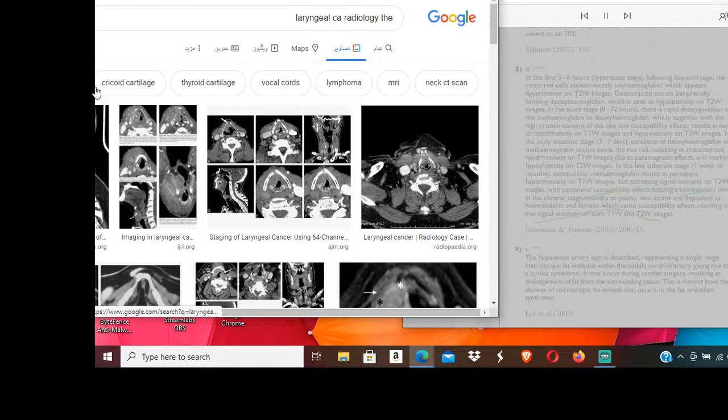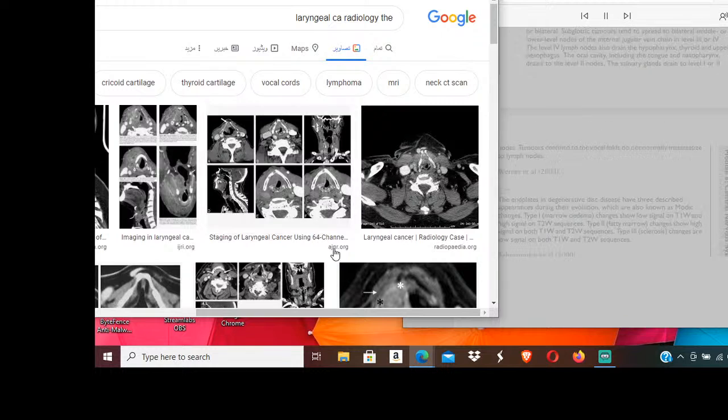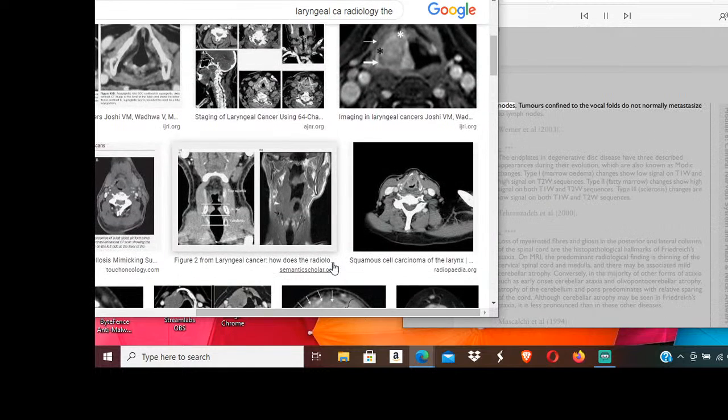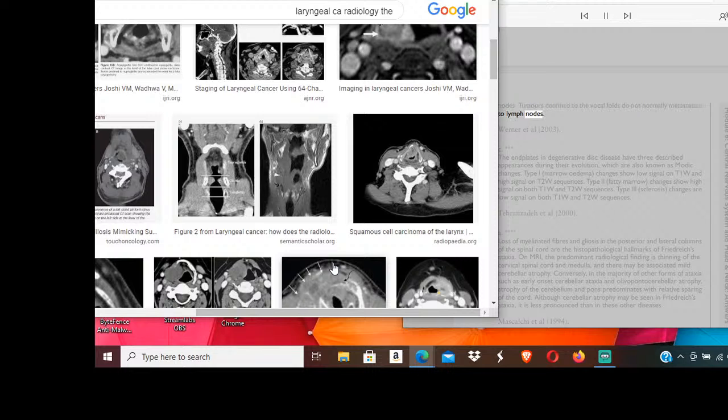Module 6, Central Nervous System and Head and Neck Answers. Tumors confined to the vocal folds do not normally metastasize to lymph nodes. Werner et al., 2003.